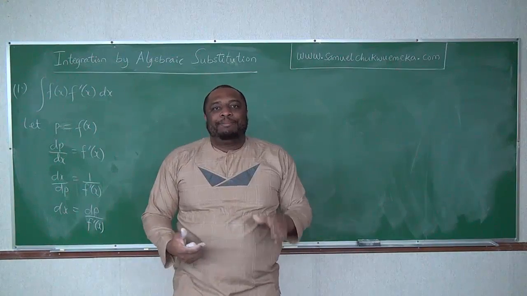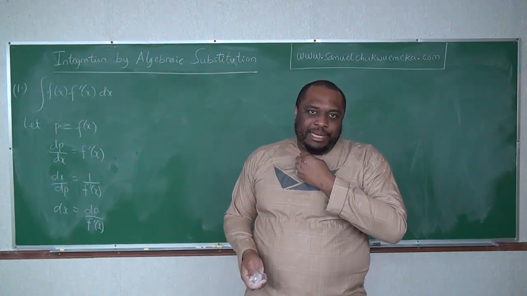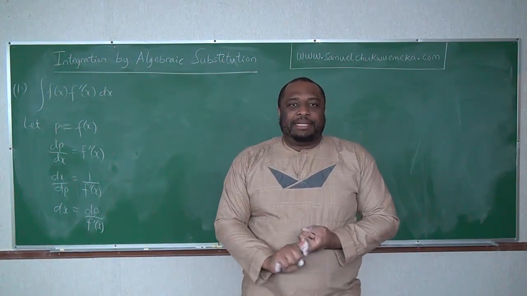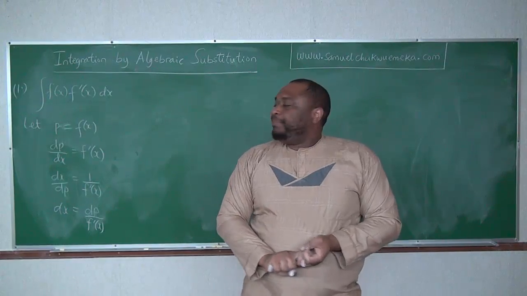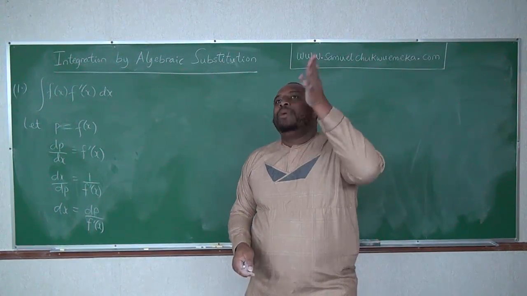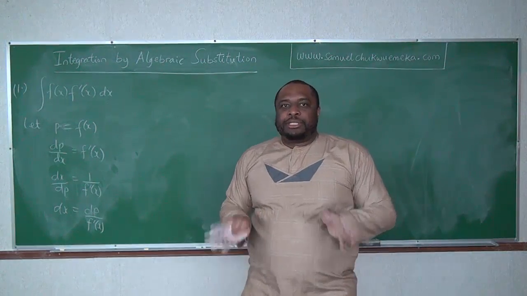What is the dx, based on that new variable we substituted? So we find the dp/dx, we find the dx/dp, then we find what dx is. That is the way we are going to solve all algebraic substitutions, all of them.